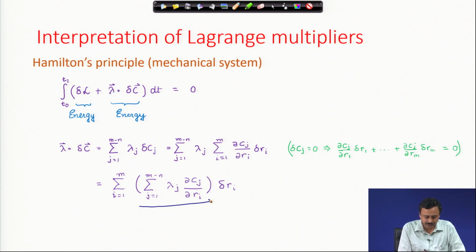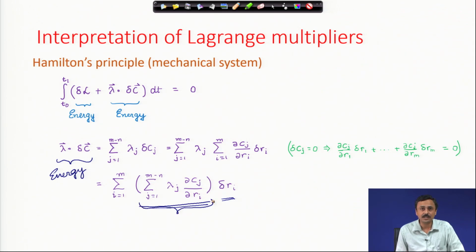What you notice is that this term, which has dimensions of energy, must be a product of some quantity and the variation of my physical coordinates, and physical coordinates usually are linear displacements or angular displacements. In other words, we can make a very easy guess that whatever is sitting in the brackets must have dimensions of the corresponding force.